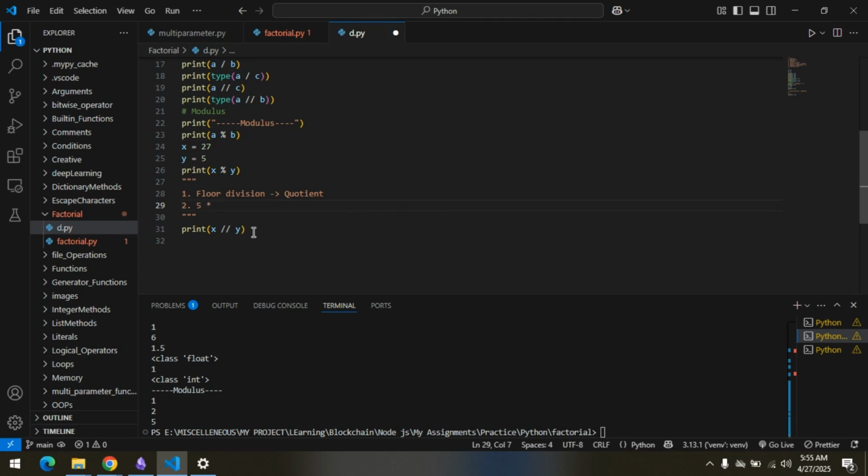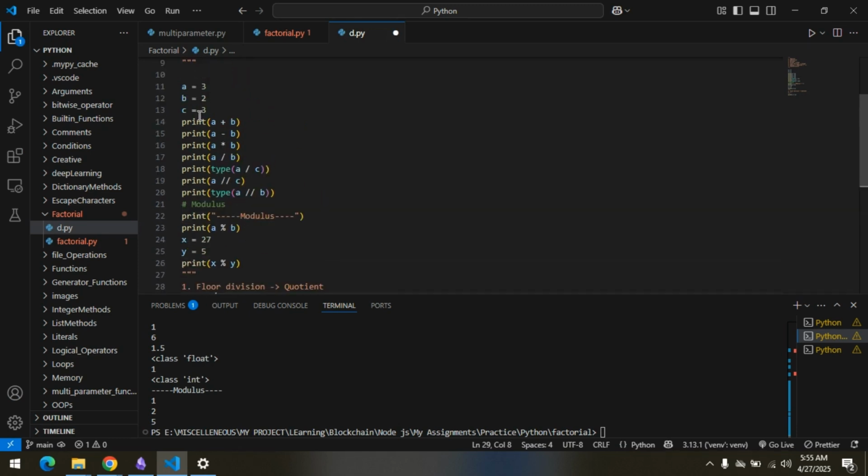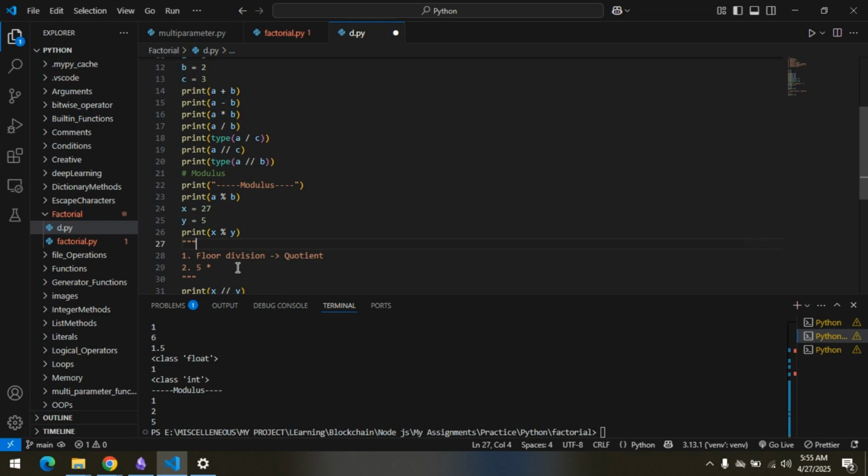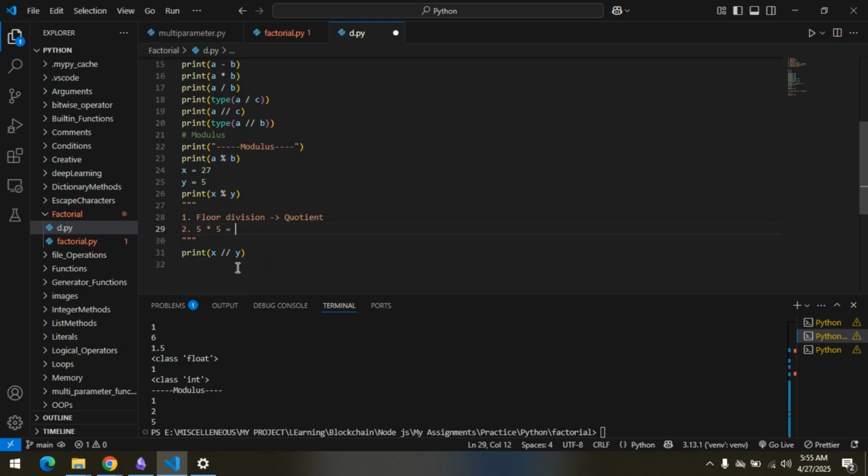Let's check the answer. 5. And step 2, you take the 5 and multiply it by 5, and that should give you 25.